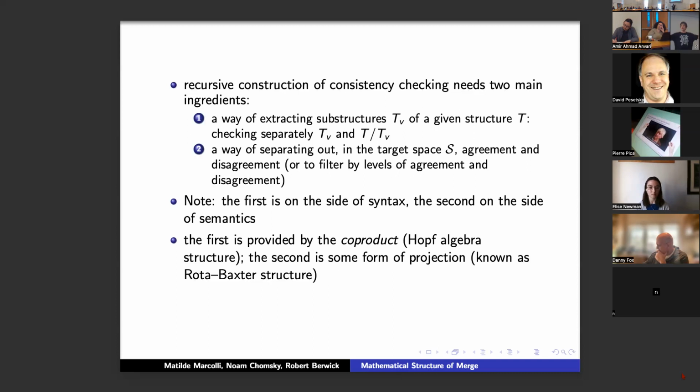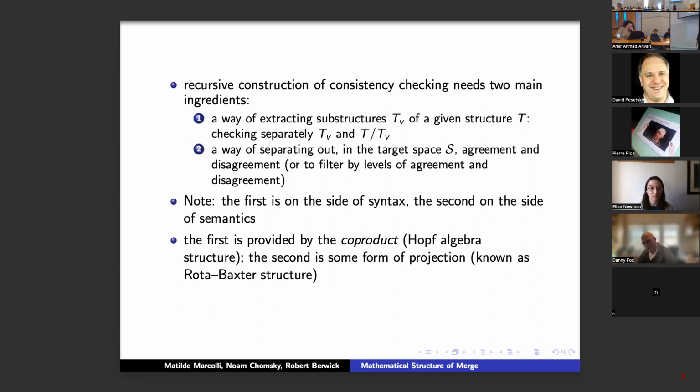You need one property on the side of syntax and you need another, different one on the side of semantics. It's important that you are not requiring that your map from syntax to semantics preserve the same kind of structure. So you're not saying that if you have a coproduct on the side of syntax, you want to have the same stuff on the side of semantics. You don't. You only need it once. You don't need it twice.